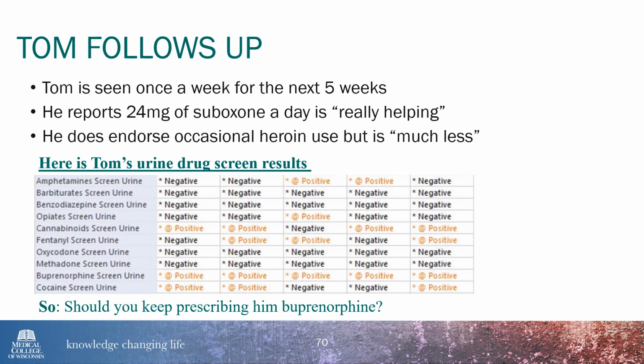So we know that Tom is using multiple different substances, and that might affect the safety of his treatment. So we kind of have to decide, what should we do? Should we keep prescribing him buprenorphine, or should we refer him out? What do you do when patients are using multiple other drugs when they're trying to stop using opioids?